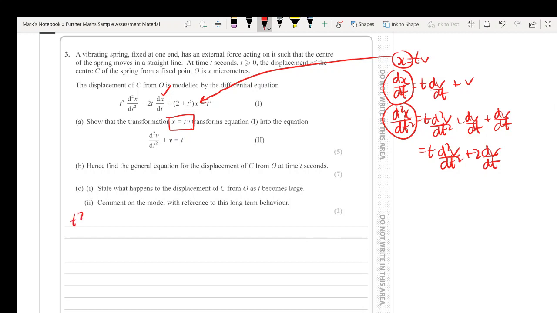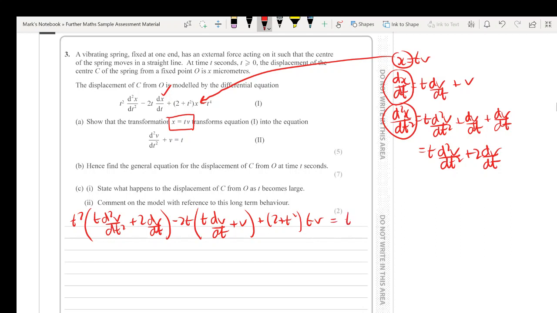It's t squared times (t d2v/dt squared plus 2 dv/dt), minus 2t times this lot, (t dv/dt plus v), plus (2 plus t squared) times tv, and that should equal t to the power of 4.